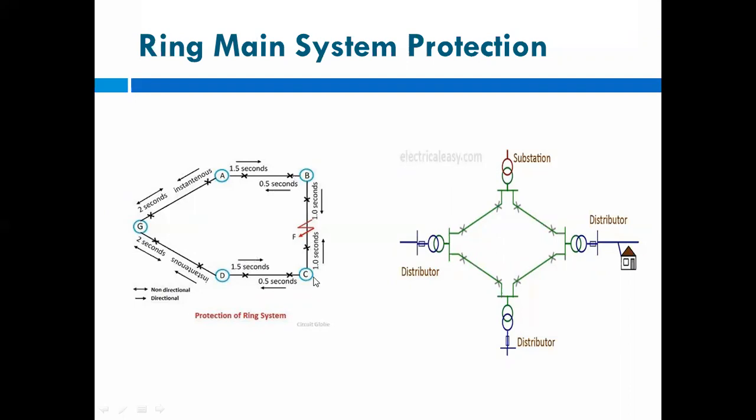Then the time required for operation between this B and C is only 1 second. Okay. So here we are considering that the fault is occurring between this B and C point. Then how is the power supplied here? How can the power be supplied?